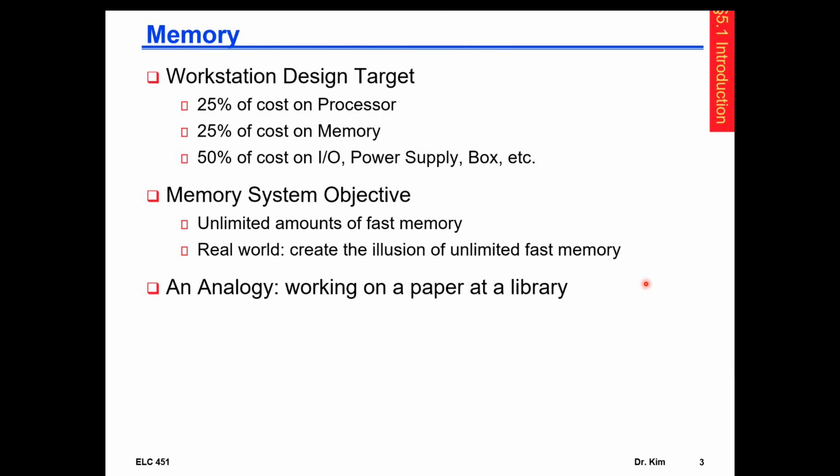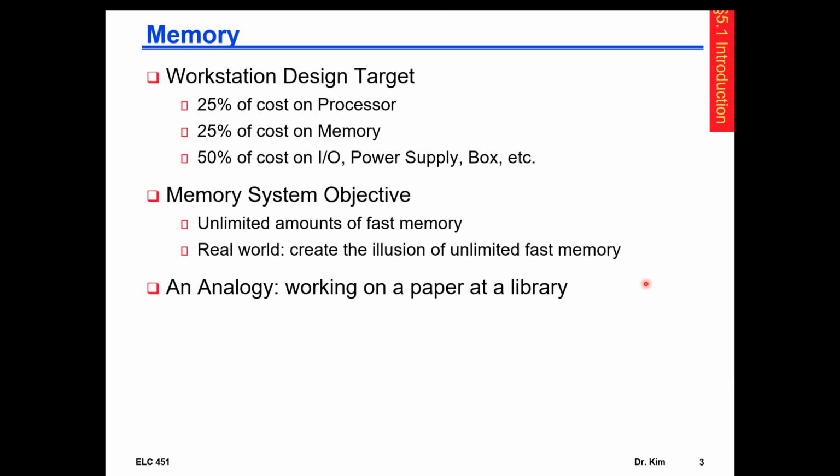Now, if you look at a first order budget for a computing environment, say for a workstation, what you see is that 25% of that cost is going to go to Intel, to the processor, and another 25% is going to go to the cost of the memory. So the main memory is going to be a big part of that, but the disk as well.